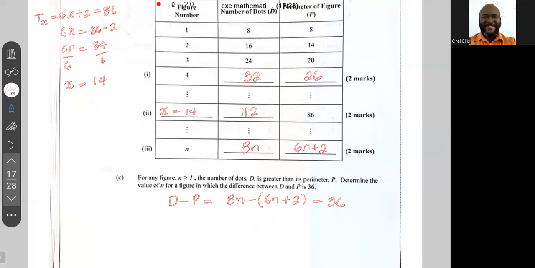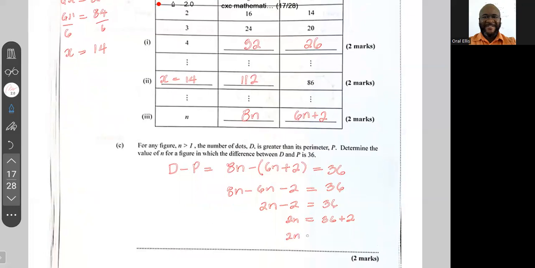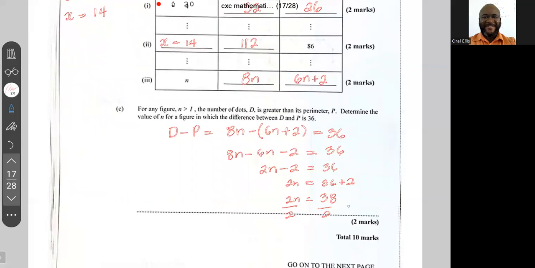All right, so we need to find n. So this is 8n minus 6n, distributive law, minus 2 is equal to 36. So 2n minus 2 is equal to 36. 2n is equal to 36 plus 2. So 2n is equal to 38. And if you divide both sides by 2, you're going to get n. n is equal to 19.